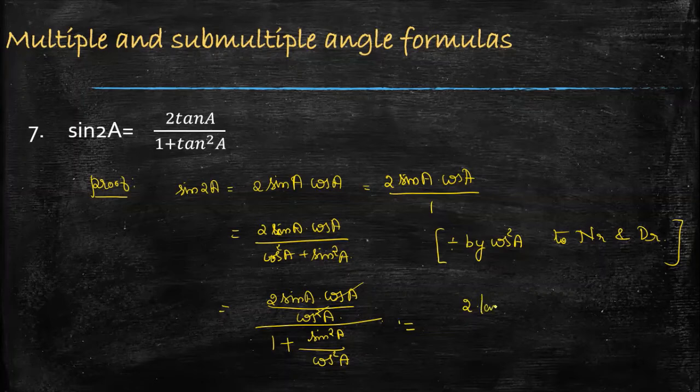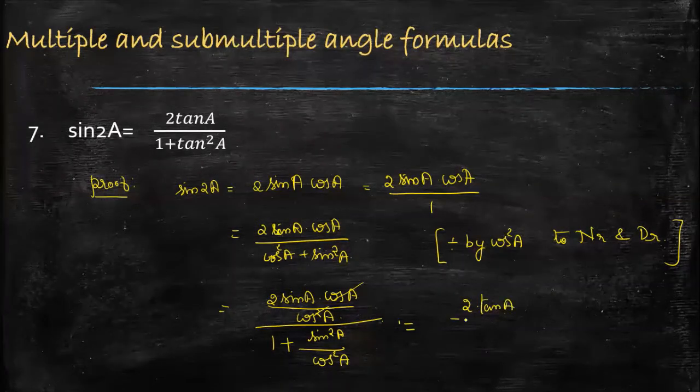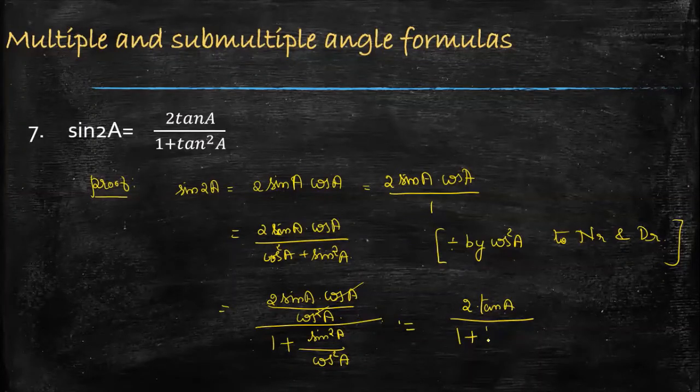Sin a by cos a is tan a. So numerator 2 tan a ಆಗ್ತದೆ. Divided by 1 plus, this is sin square a divided by cos square a, which will be tan square a. So this is the proof.